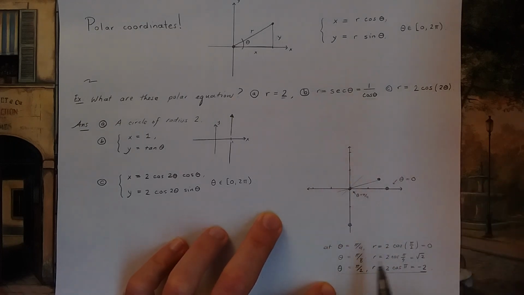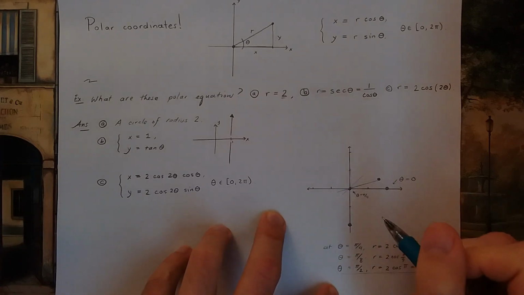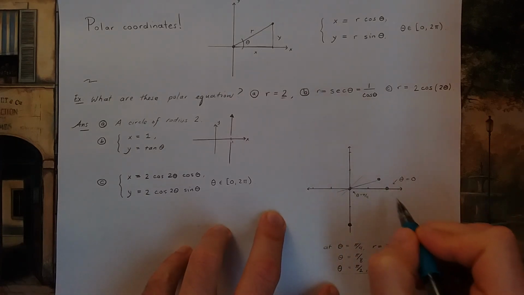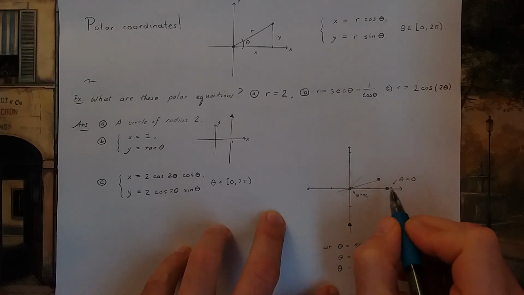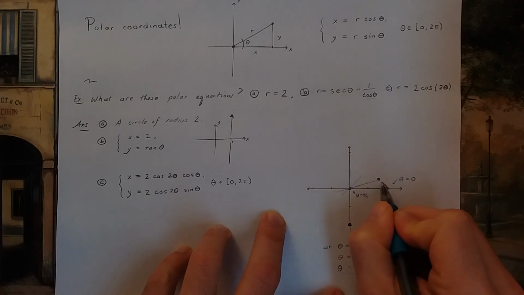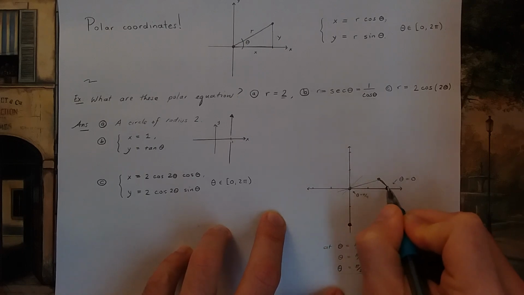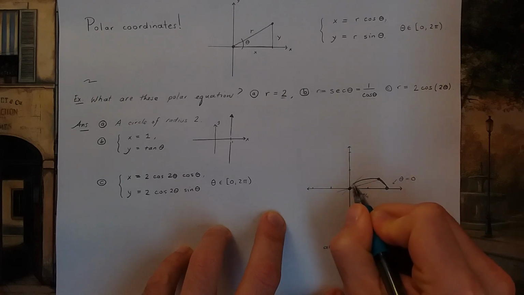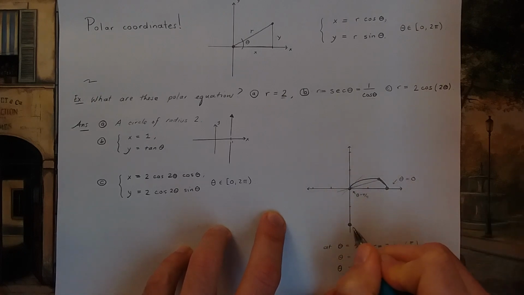Okay, I'm not going to plot a lot more points right now in this video, but you could. You could plot a bunch of different points, and what would happen is that you would trace out a curve that looks like this. So watch this. This is an interesting shape. So this is my value at theta equals pi over 2.